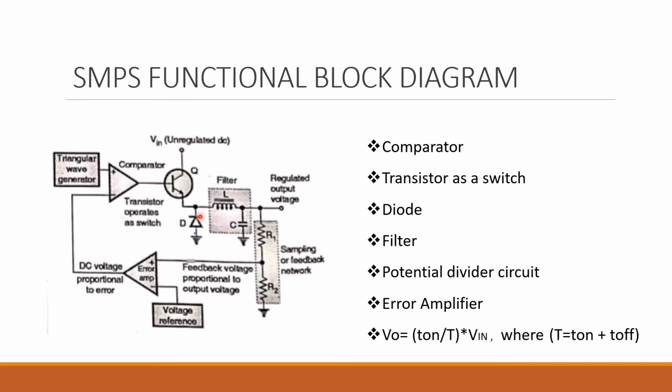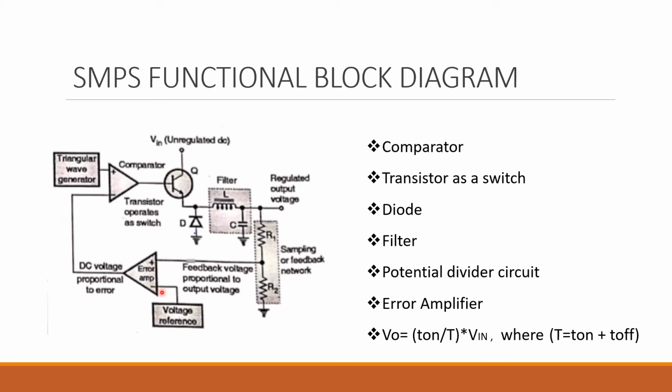Let us understand how this error amplifier and comparator are working. Error amplifier, there are two terminals, it's op-amp circuit. Non-inverting input terminal is taking input from output only. So voltage given at this terminal will be R2 into V0 divided by R1 plus R2.